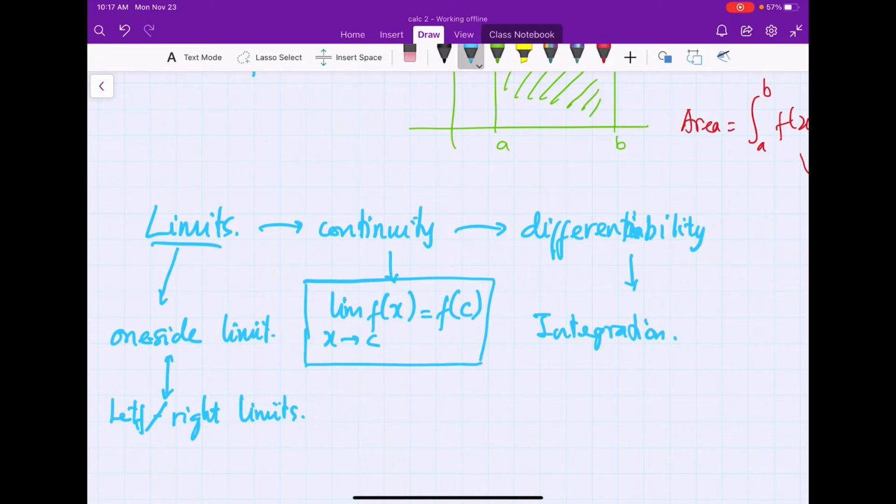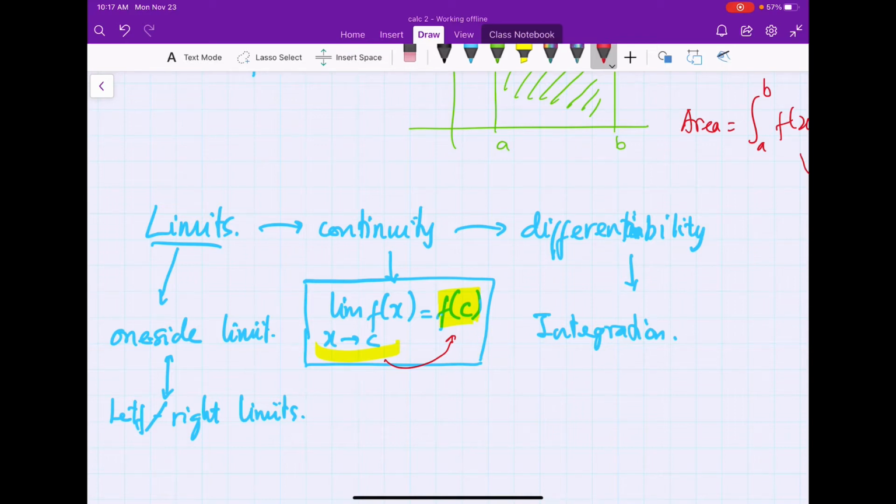We say we define the function f at c. That means c belongs to the domain of the function, and the limit exists and equals the function value. In that case, the function is continuous. So the function might have limits, but not necessarily be continuous.